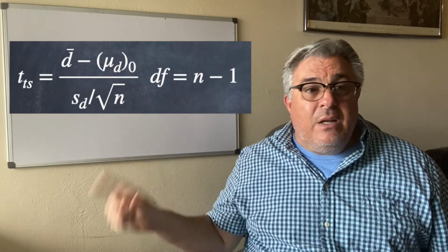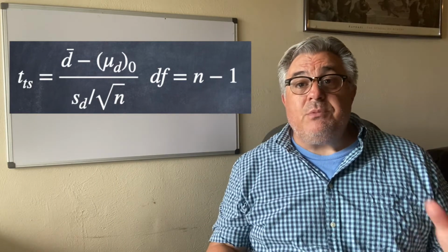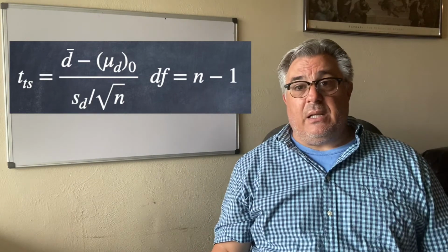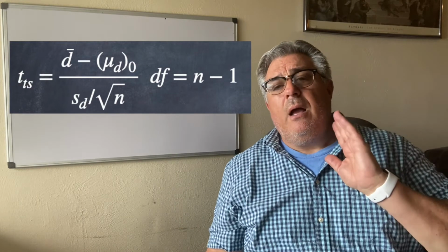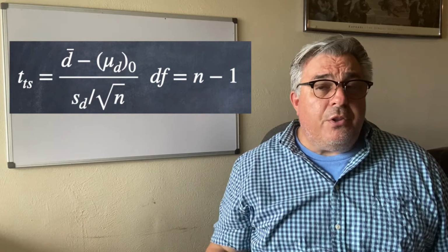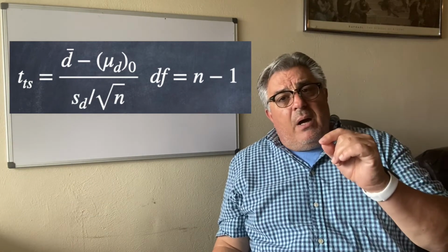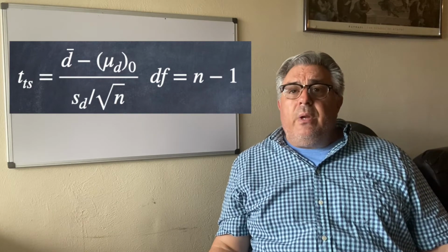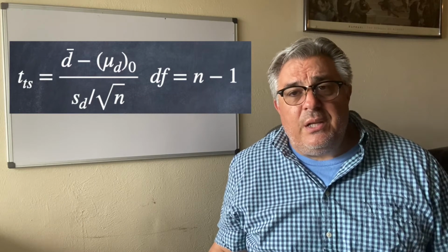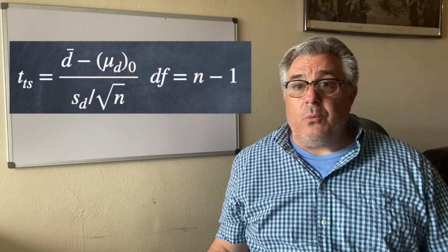So we replace sigma by s. Now our test statistic becomes t sub ts, which is d bar minus mu of the differences under the null hypothesis, divided by s sub d divided by root n. Again, this is on n minus 1 degrees of freedom.